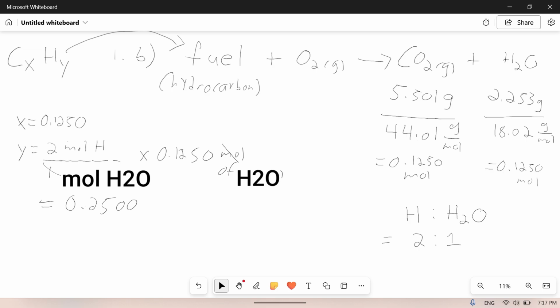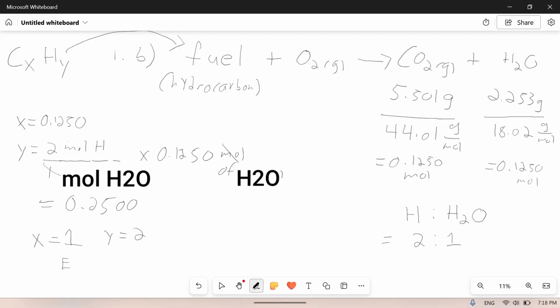Now, we've ended up in sort of step 3 or step 4 of the empirical formula guide that I gave you in the first slides of this video. So what you can do now is just divide both of these by the lowest one, 0.125. And what you'll get is x is 1 and y is 2.